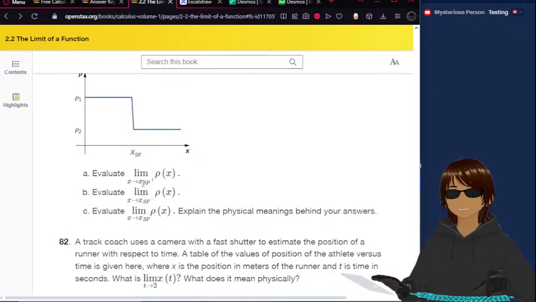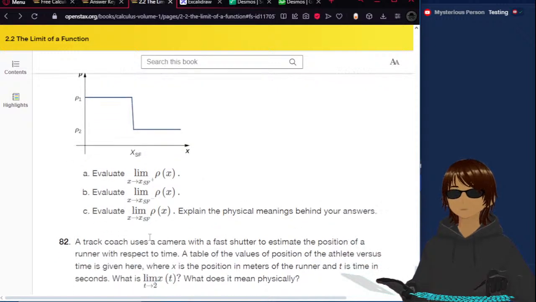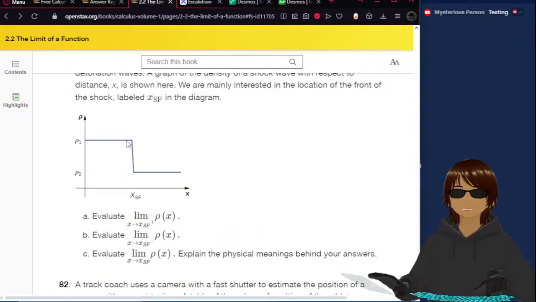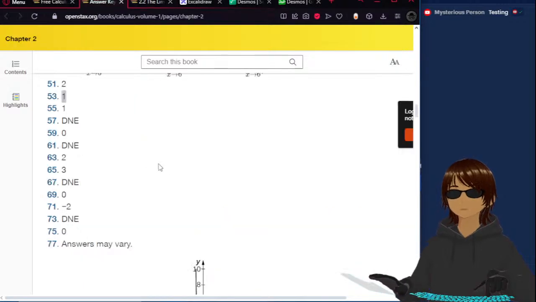As x approaches SF from the positive side, the density is rho 1, which I will call P1. From the negative side it's P2, and overall the limit doesn't exist. So the physical meaning could be that there's an instantaneous jump, like it happens too suddenly.